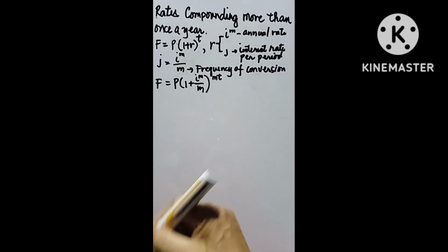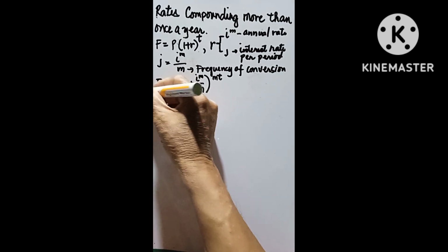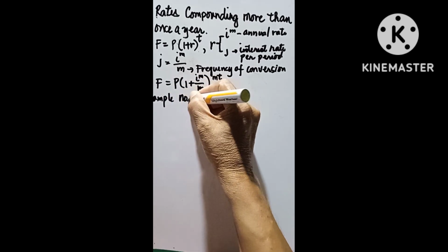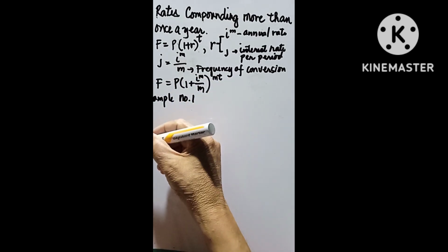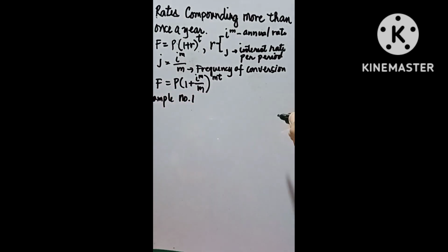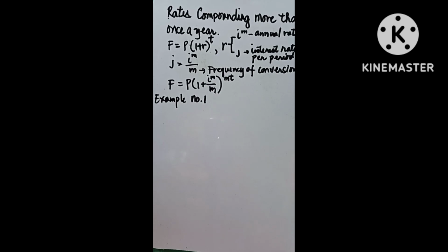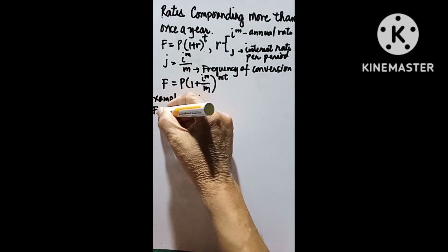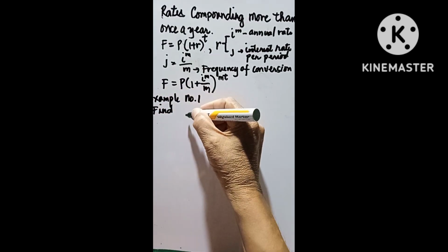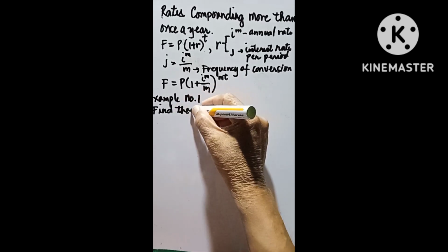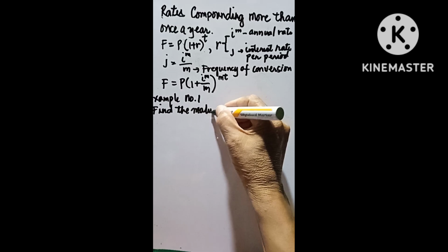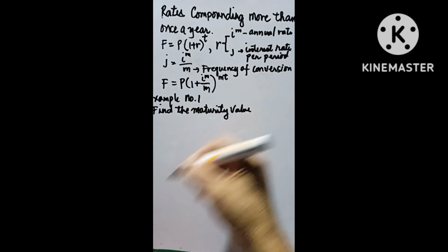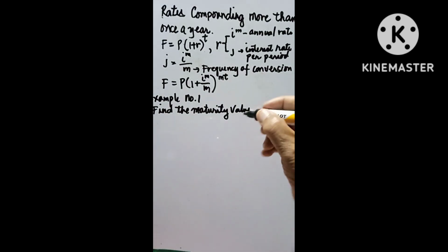Say for example, number 1. Find the maturity value and interest.